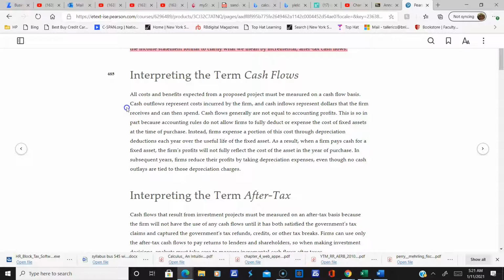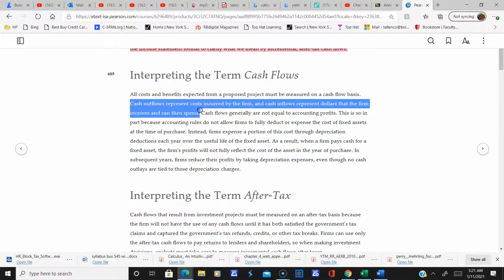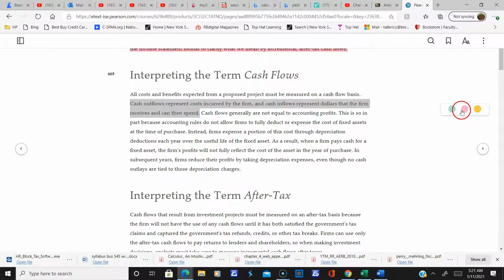So cash outflows represent any cost incurred by the firm, and cash inflows represent dollars the firm receives and can spend. Remember, cash flows are not accounting profits.